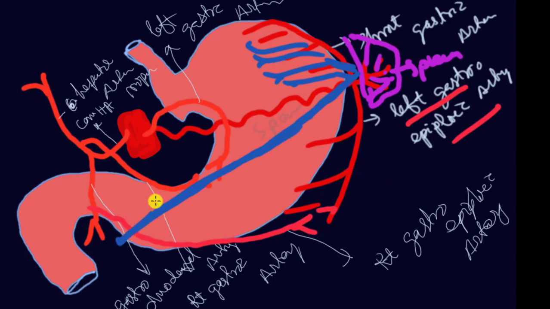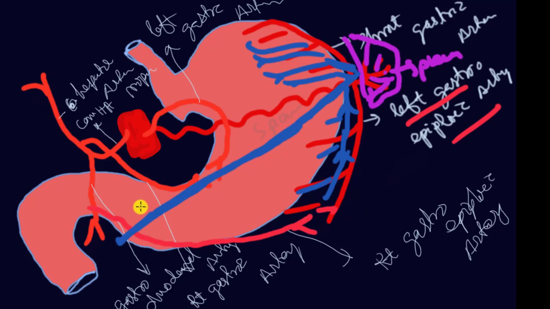And from the greater curvature upper part, you will find the left gastroepiploic vein that will drain to the splenic vein in this way.